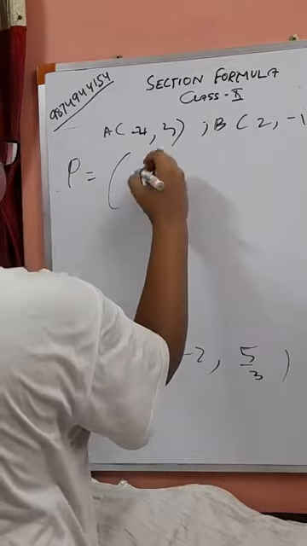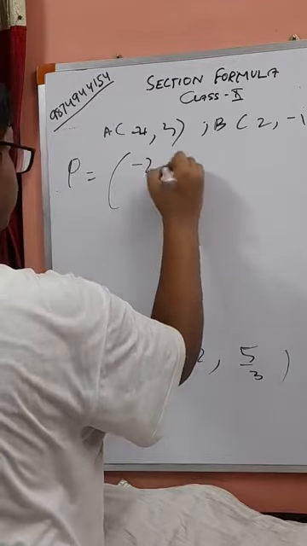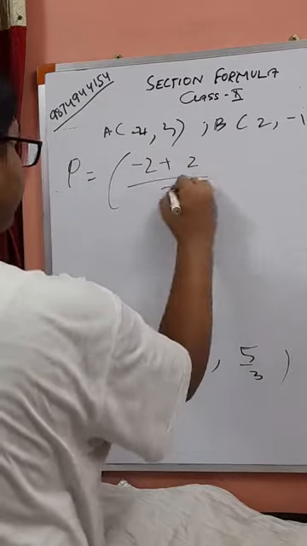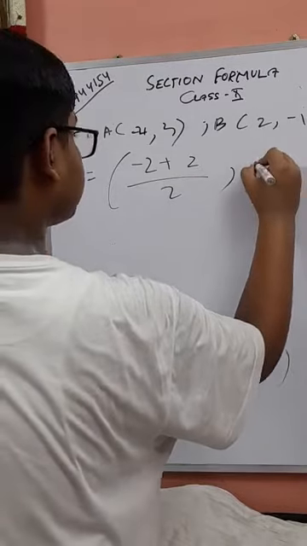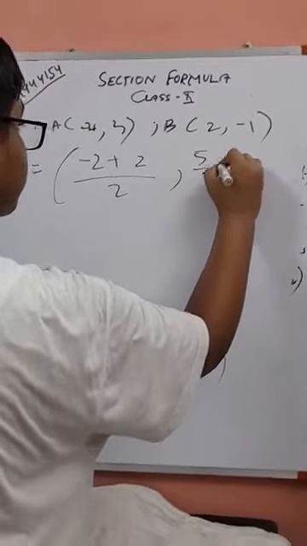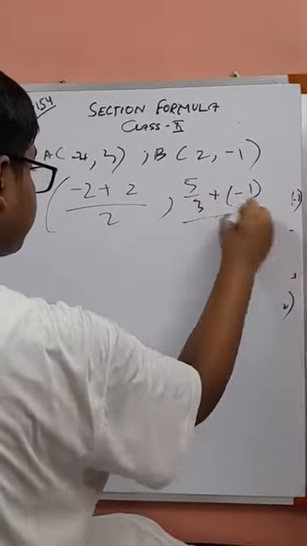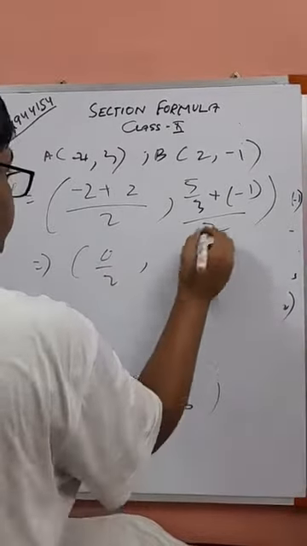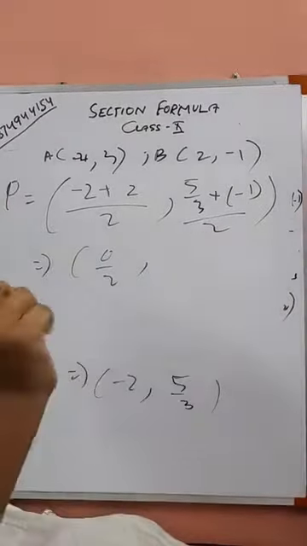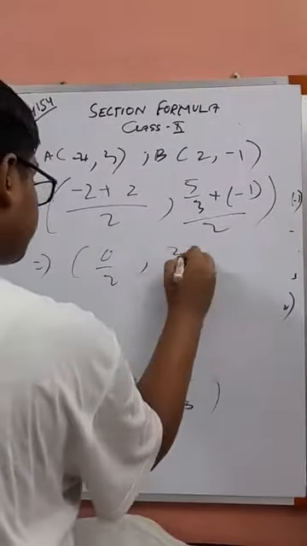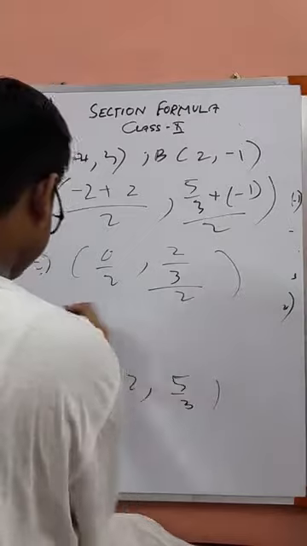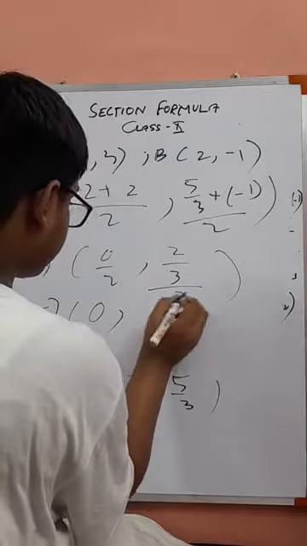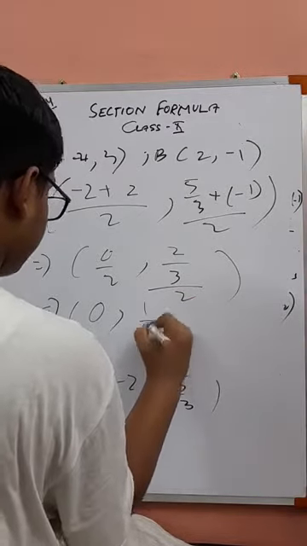Now let it be P. P is equal to minus 2 plus, last point was this, 2 by 2 comma minus 5 by 3 plus minus 1 by 2 is equal to 0 by 2, which will be 0, and 5 by 3 minus 1, which means 5 by 3 minus 3 by 3, which means 2 by 3 by 2 is equal to 0 comma 2 by 6 or 1 by 3.